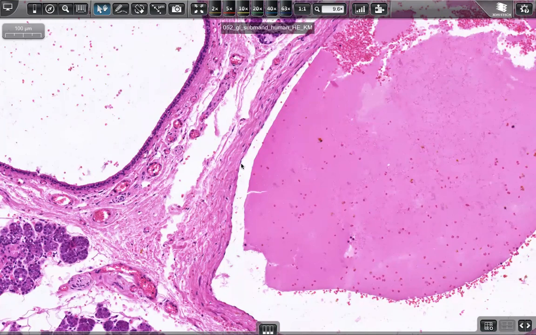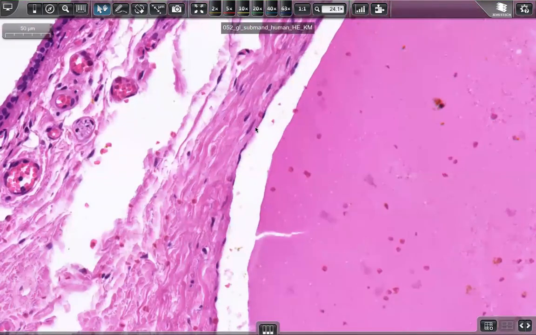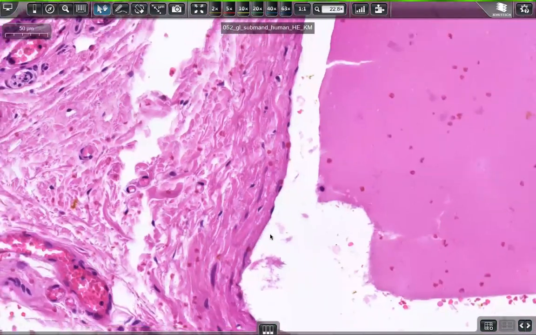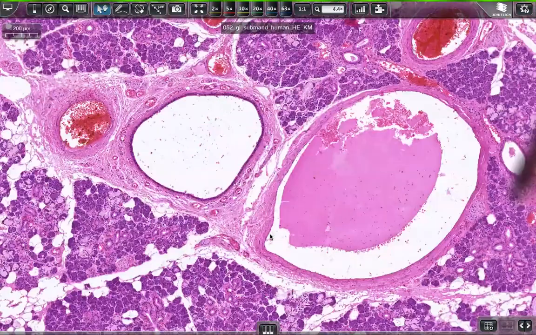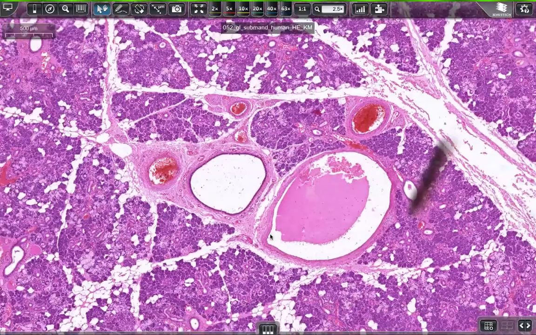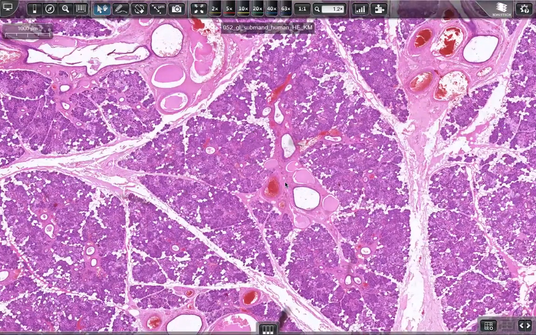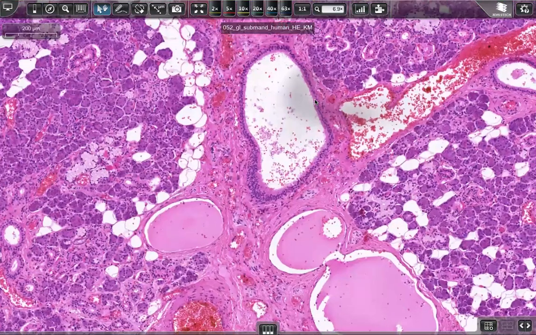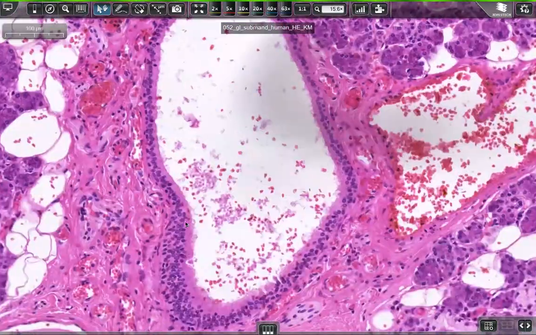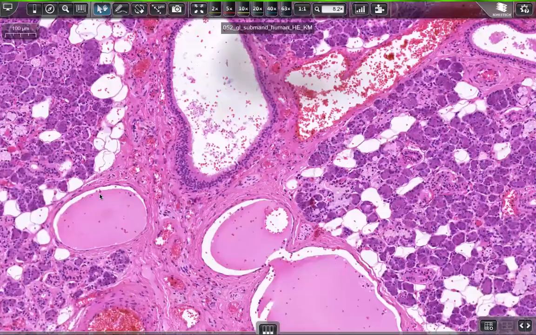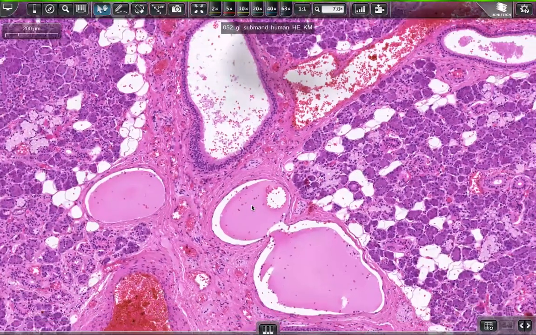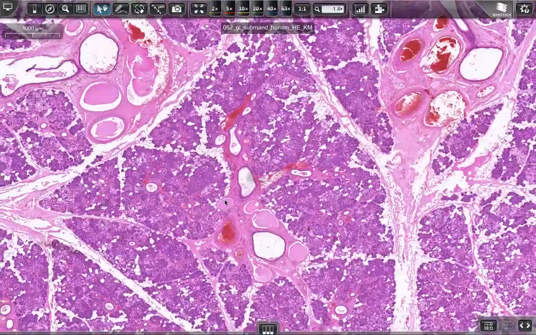So here we have the flattened cells, endothelial cells. So this is a vessel. This is a vein. Another interlobular duct because of the stratified lining epithelium. They are vessels.